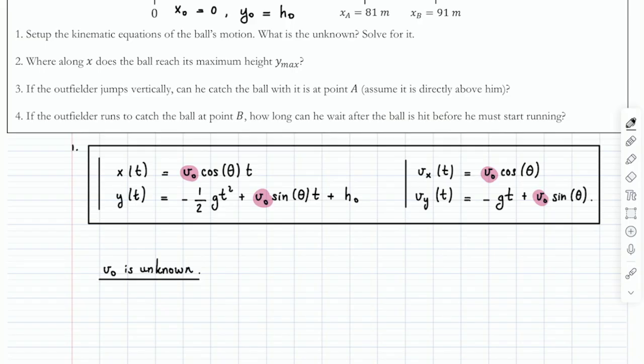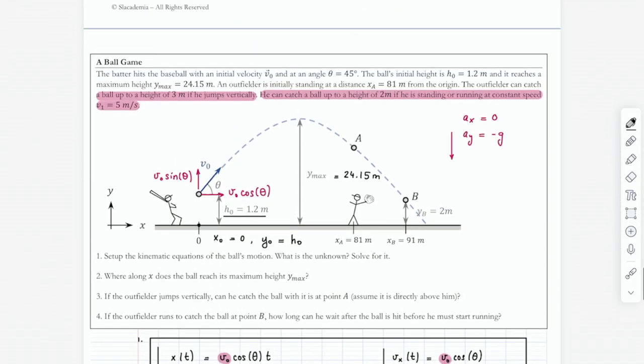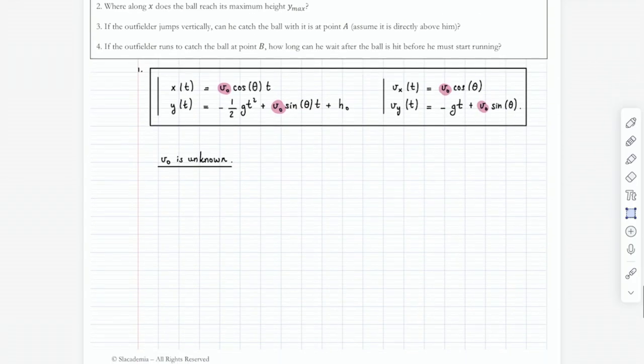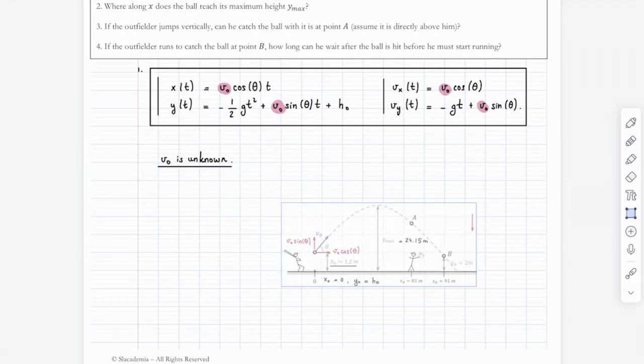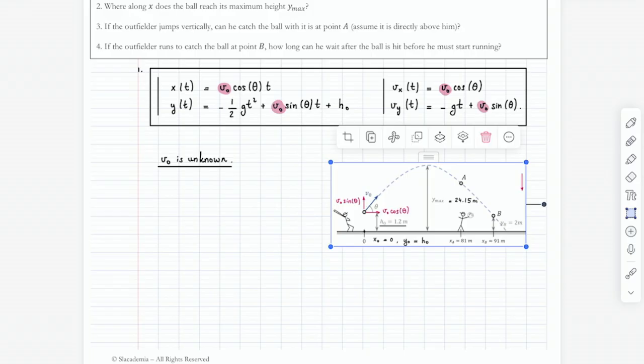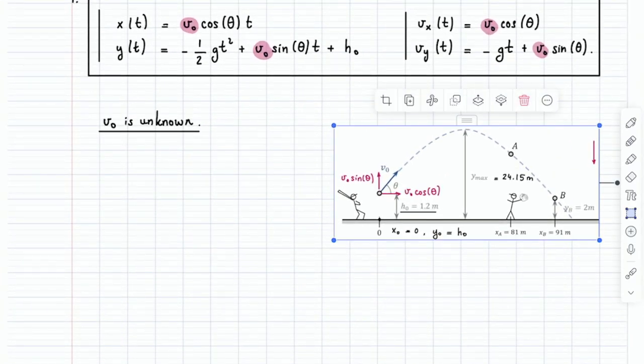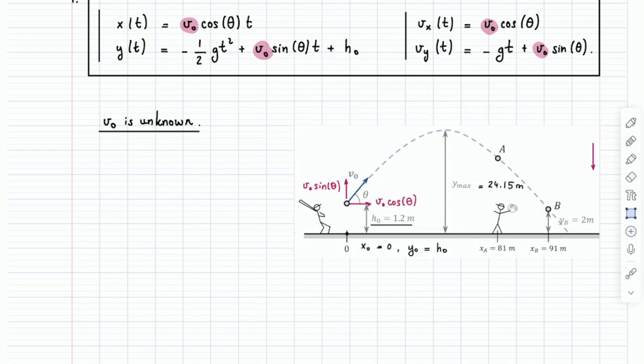Then how do we solve for it? Let me make a copy of this just so that we can carry it around and reference it as we go. Make a copy of this and put it down here. We don't need it to be huge, we just need to be able to see it. And the question then is, if you're not going to give me v0, you have to give me enough information so that I can solve for v0.